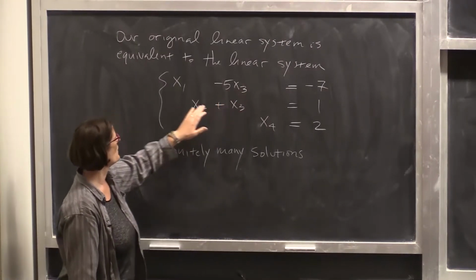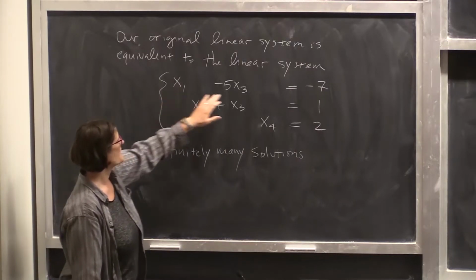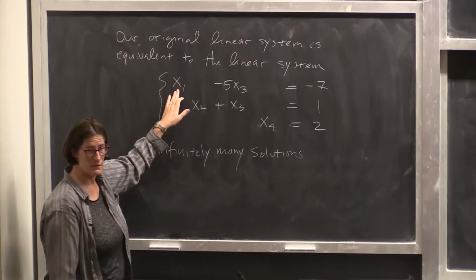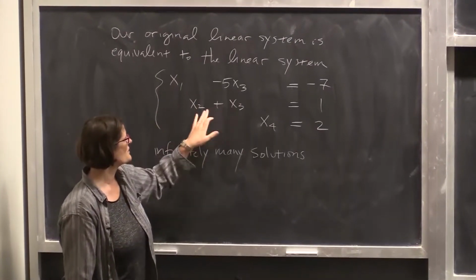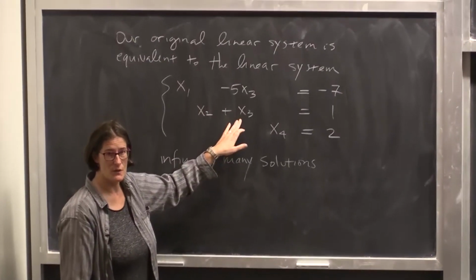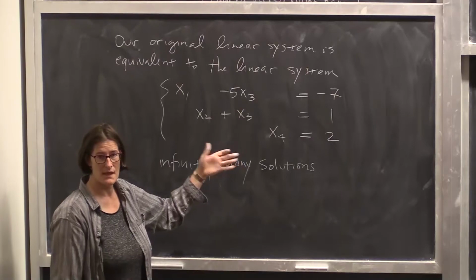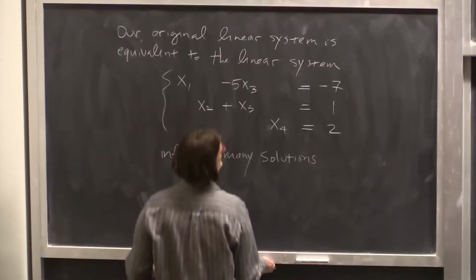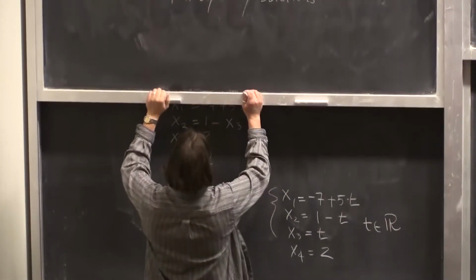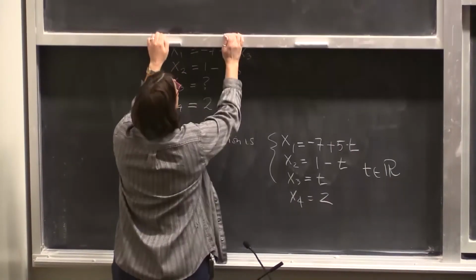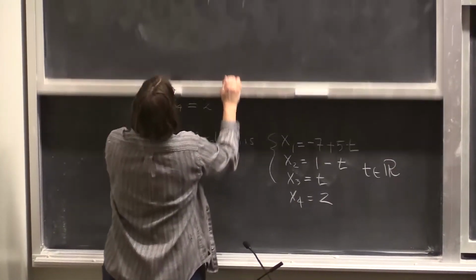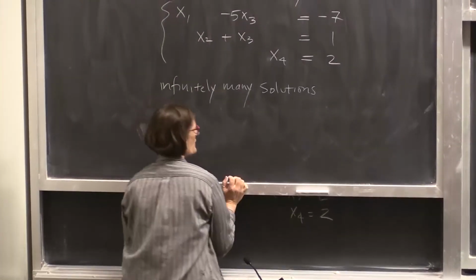Why didn't you say, well, let's solve for x3 in terms of x1, and then this is going to be an equation in x1 and x2, and then we'll solve for x2 in terms of x1. And x1 will be our free parameter. So let's finish by doing that exercise. And I hope that will convince you that you don't want to do it ever again.